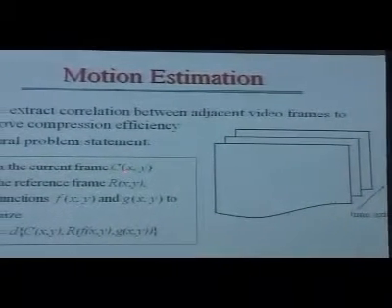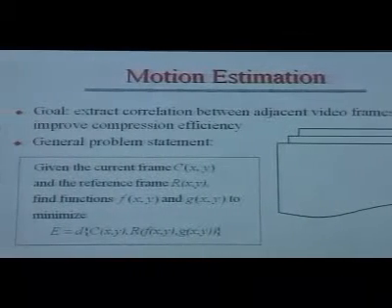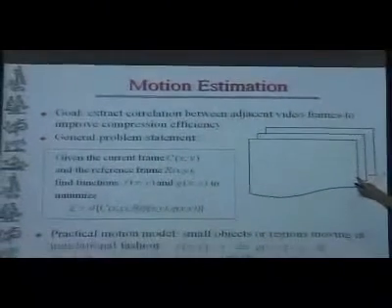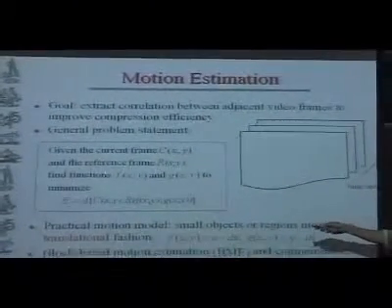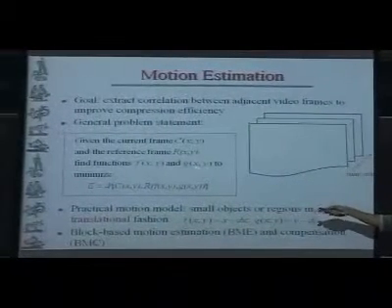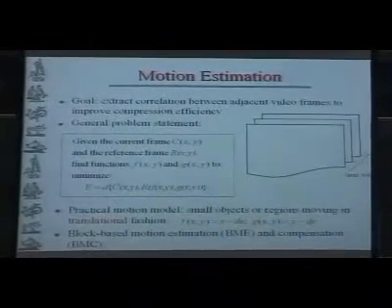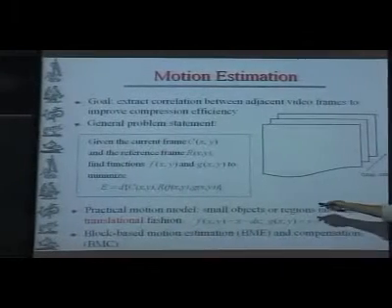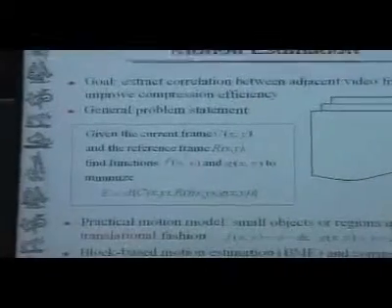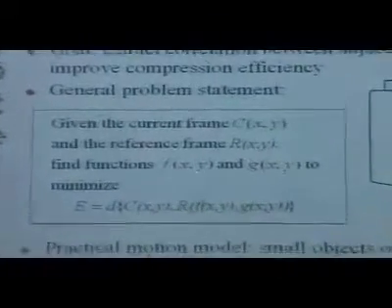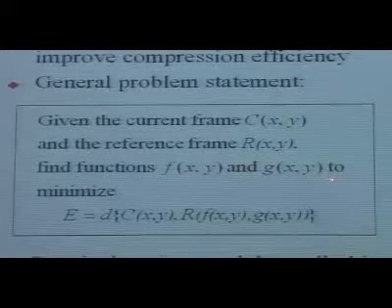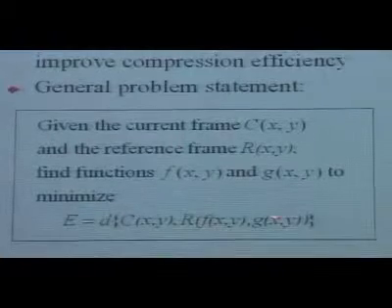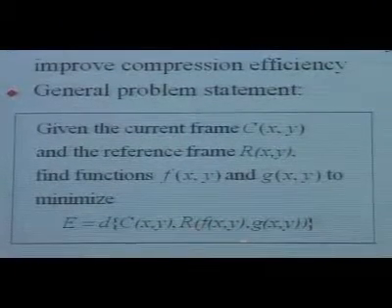Given the current frame C, say the one in the middle right here, and the reference frame R, say the previous one right here, find the functions f(x,y) and g(x,y), where x and y are the pixel indices, such that the distortion between the current frame and the reference frame being compensated like this is minimum.